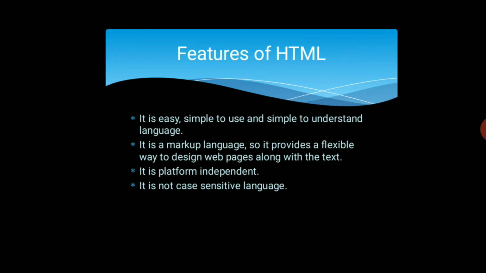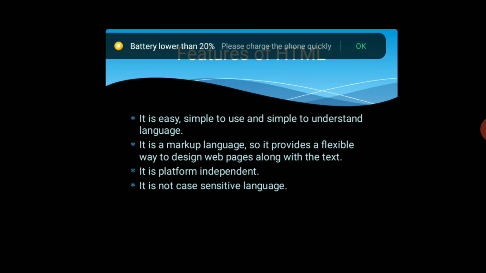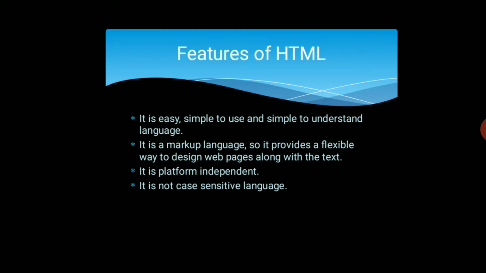Features. So what are the features of HTML? First of all, it's very easy and simple to use, and there is no need of proper understanding of programming. And it is platform independent.